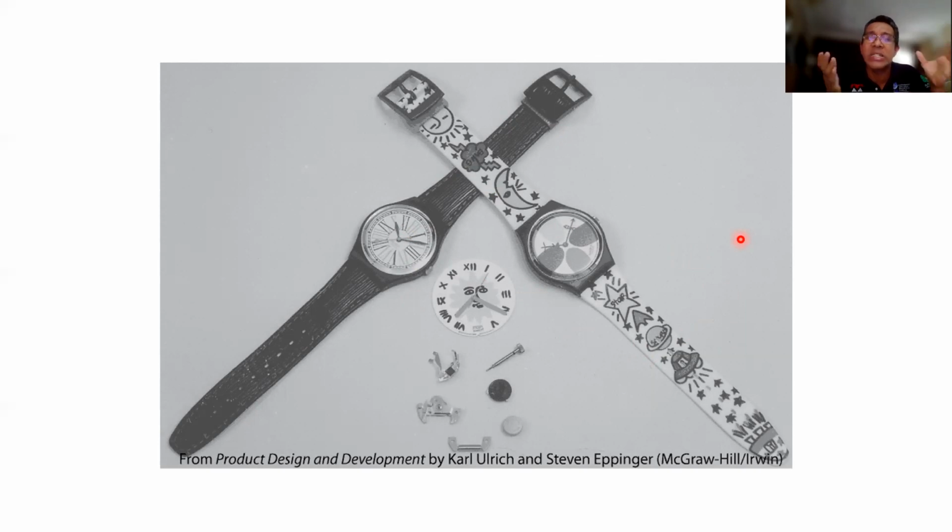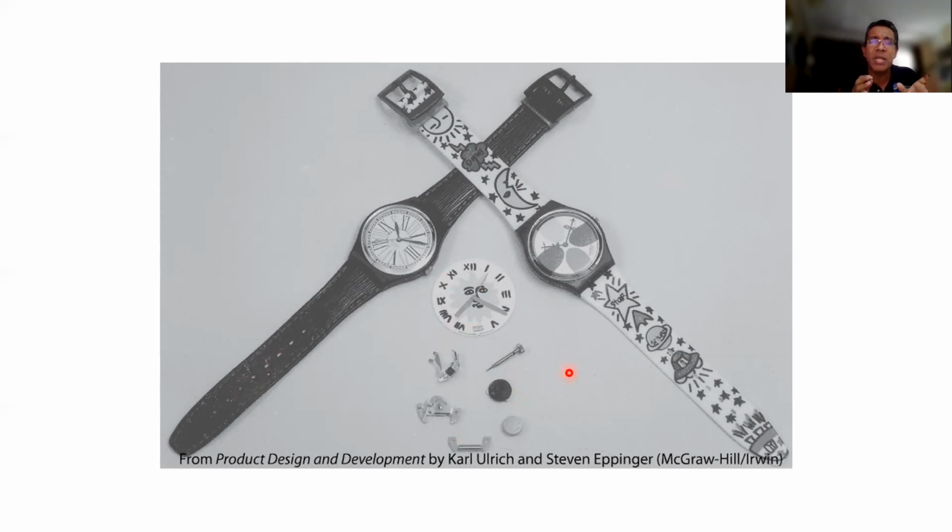Swatch produces hundreds of different watch models. But they can achieve the variety at relatively low cost by assembling the variants from different combinations of the standard chunks. For example, the face, the gears, the screw, the band.